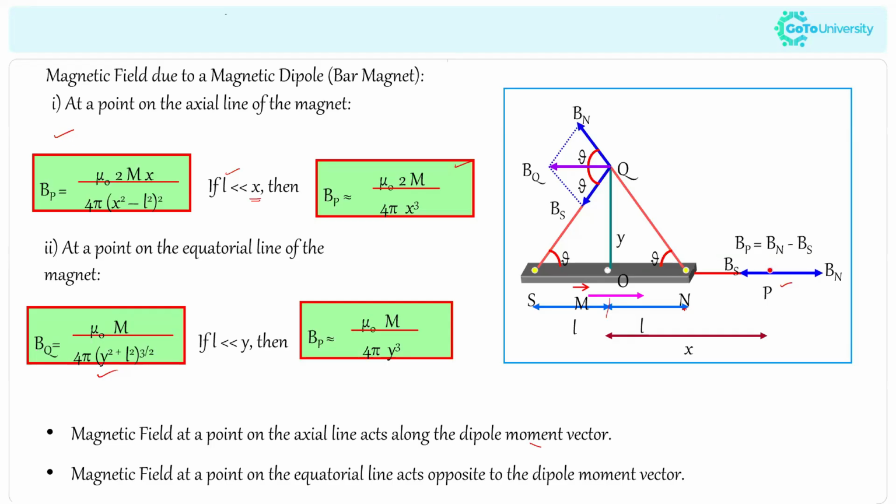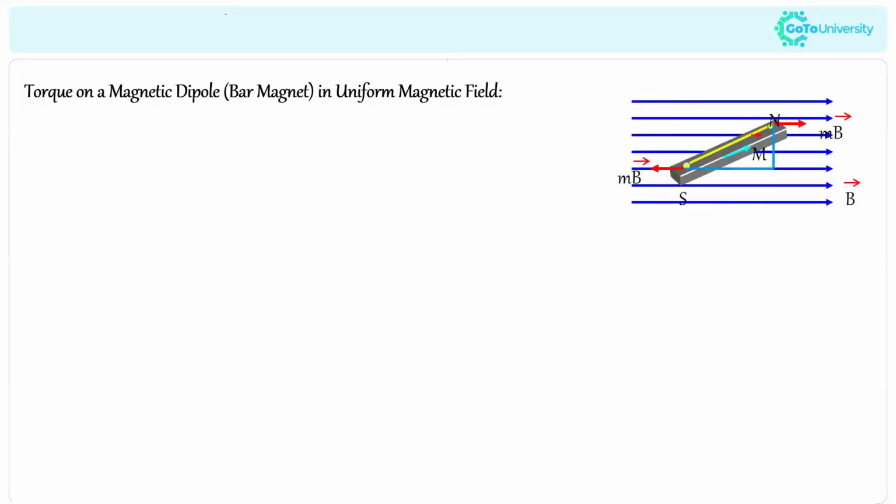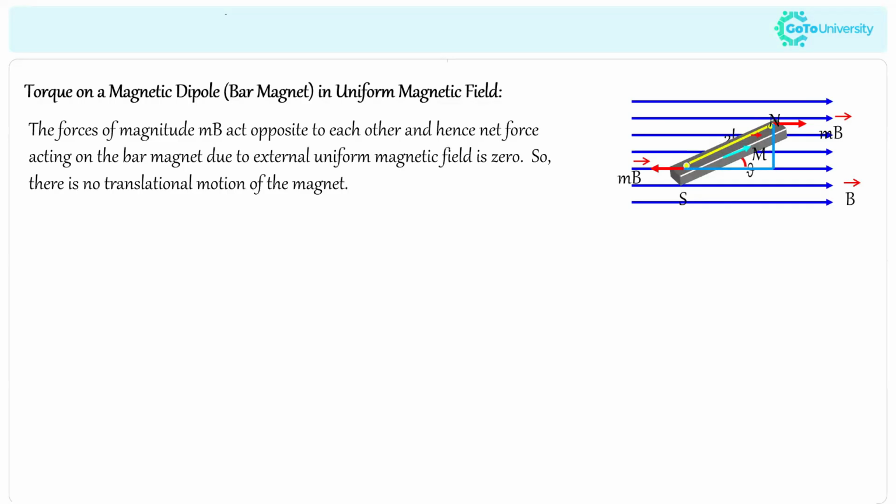Okay, we are moving to the next slide now. It's about the torque on a magnetic dipole in a uniform magnetic field. Here we are going to study how torque arises in a uniform magnetic field. Whenever there is a magnetic field and a magnetic dipole, or a bar magnet, there will be a turning effect.